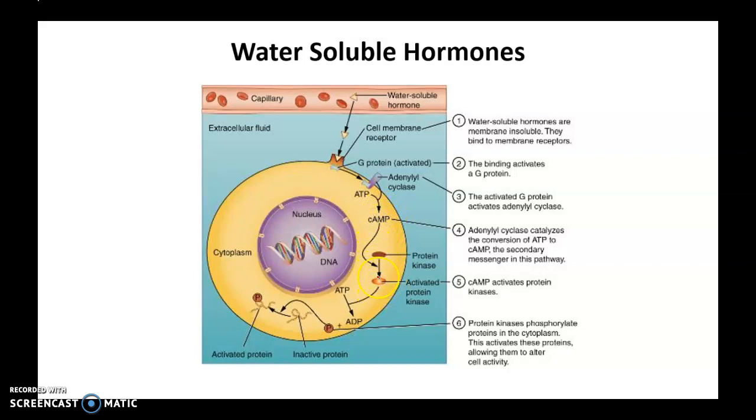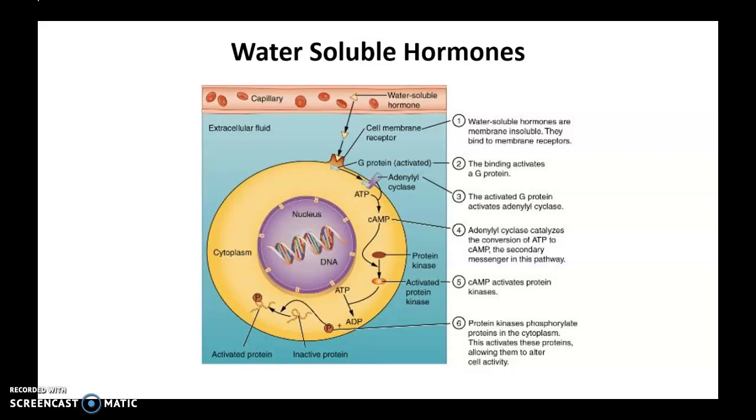And the activated protein kinase then catalyzes conversion of ATP to ADP, and the phosphate thus released is used to phosphorylate some proteins. And obviously, these phosphorylated proteins will alter cell activity.